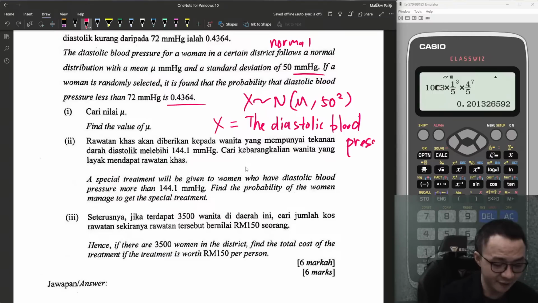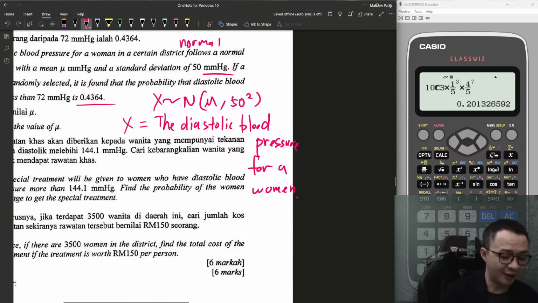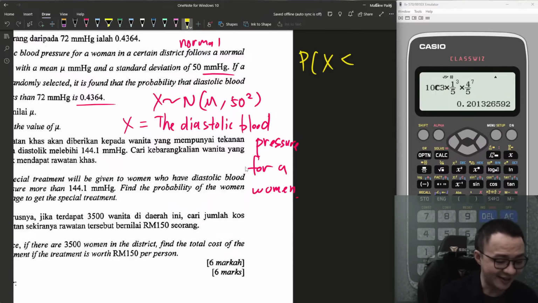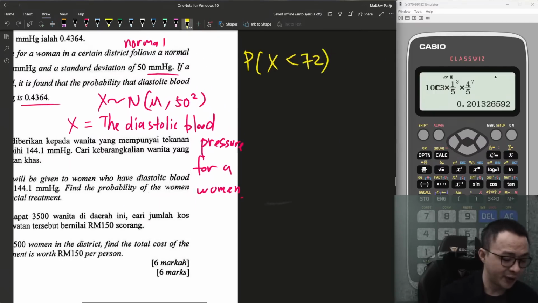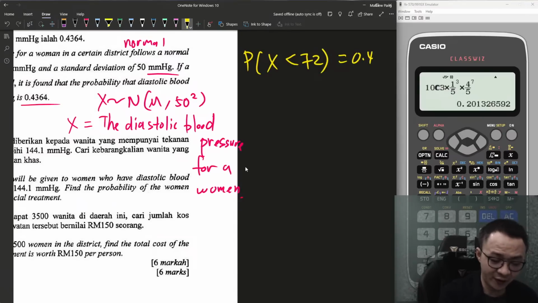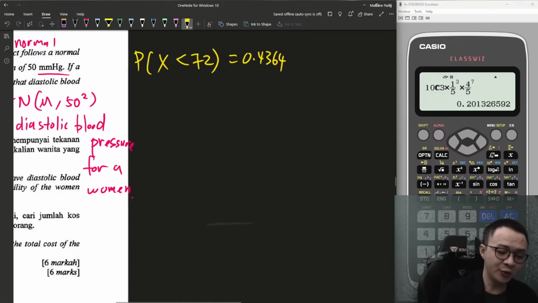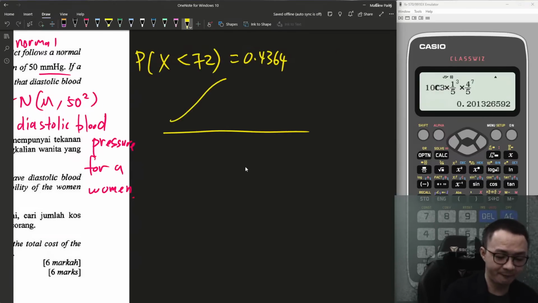Right now they tell me the blood pressure of the woman is less than 72, and we get about 0.4364. So we need to solve this one out.